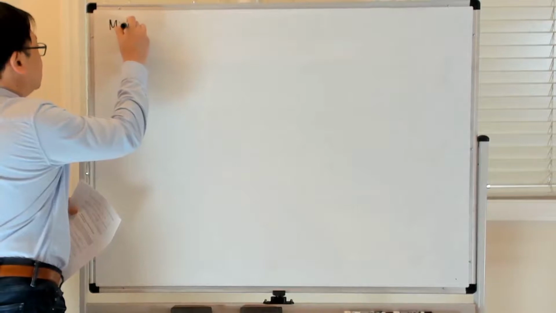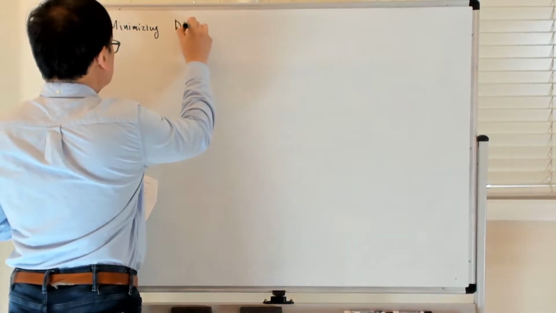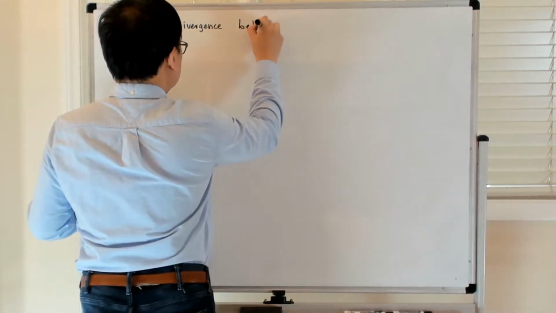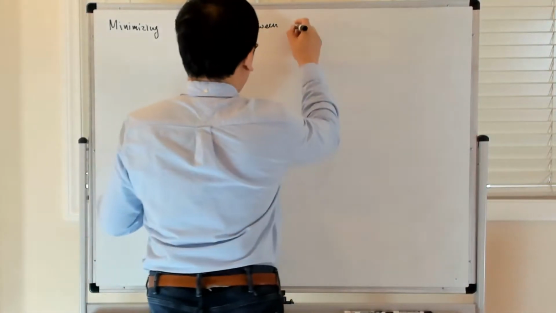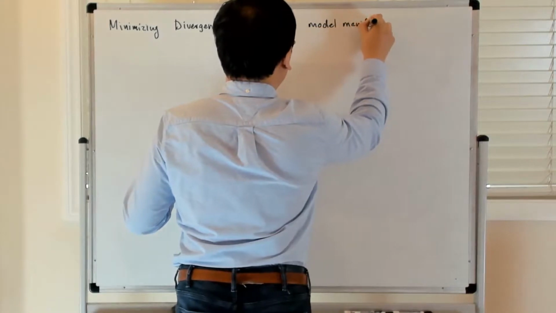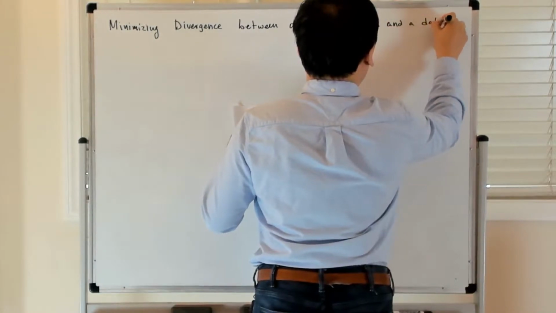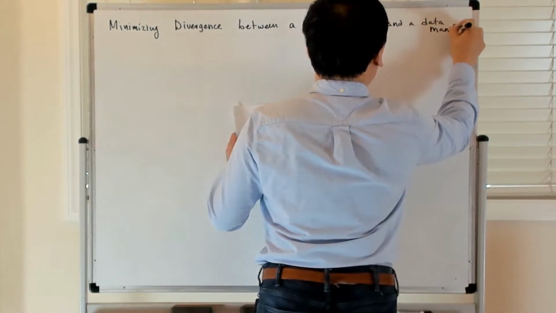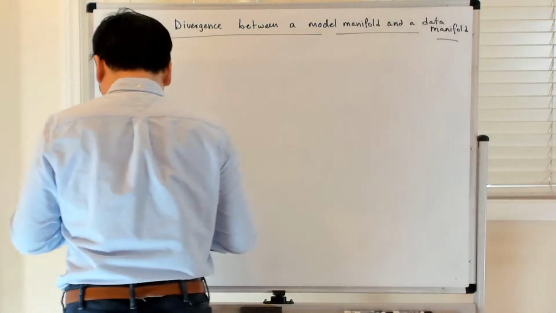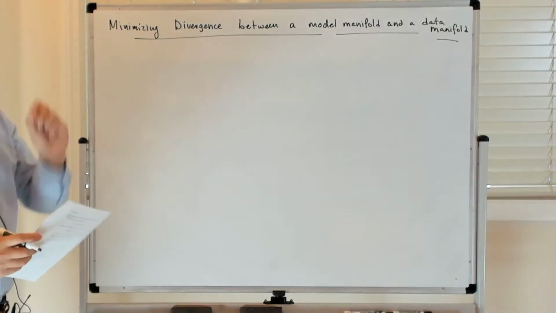So you can minimize the divergence between a model manifold and a data manifold. Let me first make a few remarks about what happens when your data manifold is just a point.